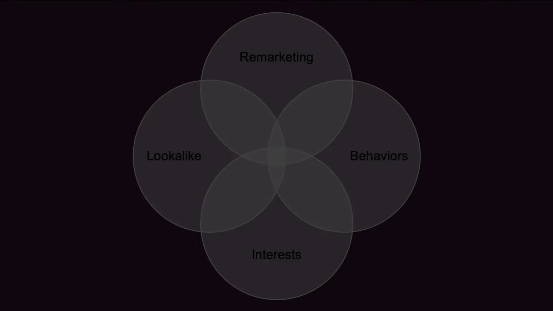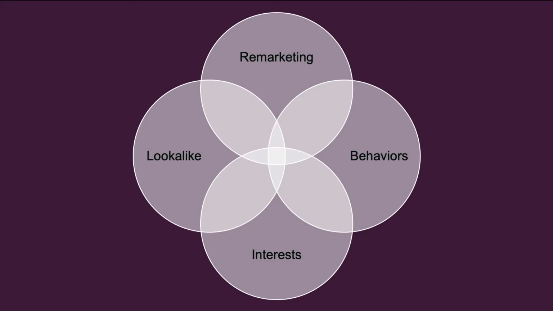Let's hop in. So let's start by talking about why audience overlap can be a little bit of a problem. And I just created a really basic Venn diagram in PowerPoint to show how the 4 different audiences that I talked about in the intro could potentially overlap and what some of the issues could be here. The first problem comes when we look at frequency within a Facebook ad campaign.